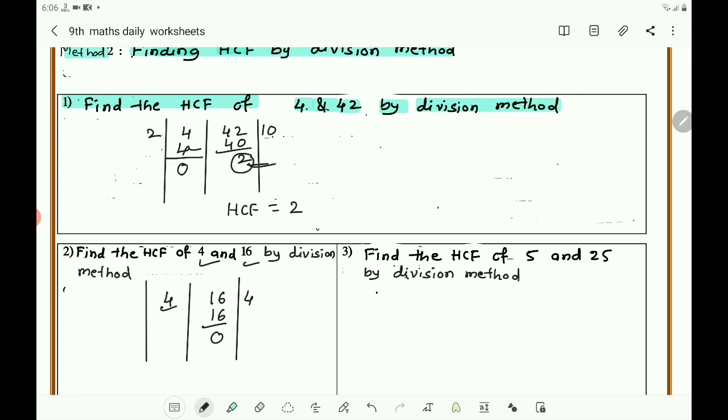Therefore, which is the HCF? 4 is the HCF. Here you divided by 4 and you got the remainder 0. Therefore this is the HCF.